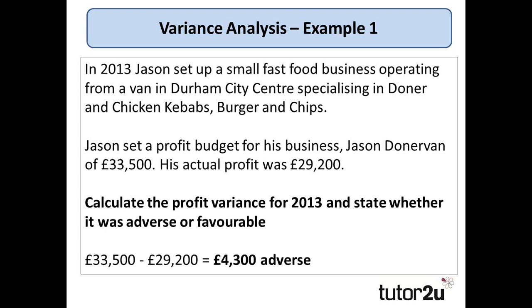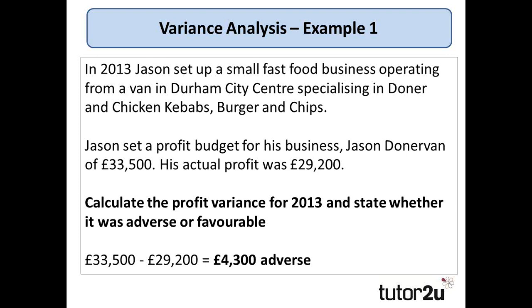Very straightforward. The budget was $33,500. His actual was $29,200. The difference being $4,300. And because it was less than expected, it's an adverse variance. Now, one of the best pieces of exam advice I can give, and it applies to every single exam, is answer the question.